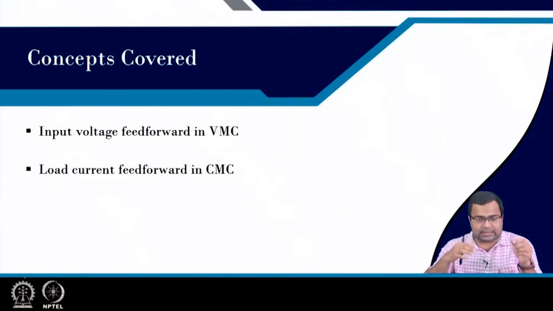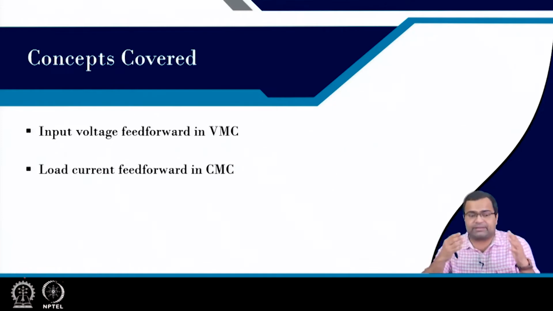Okay, and in subsequent lectures we will see such combined feed forward control can actually significantly change the loop gain characteristics, because we will see in voltage mode control the loop gain is dependent on input voltage, but by incorporating input voltage feed forward we can make the loop gain more or less insensitive to input voltage.